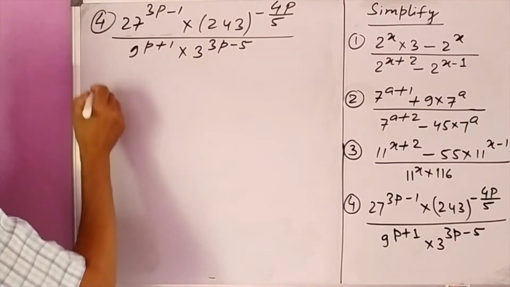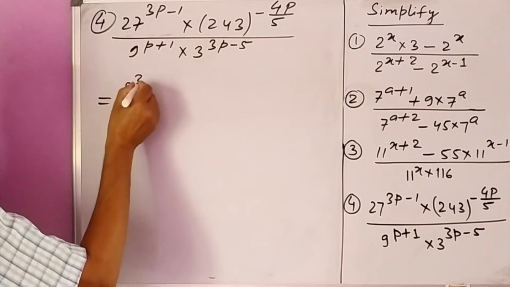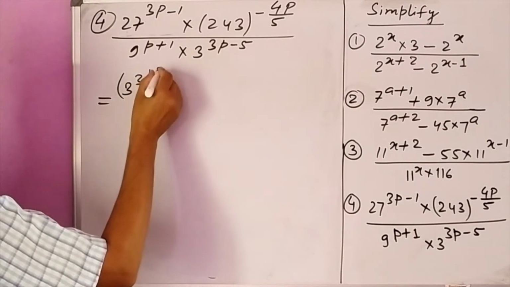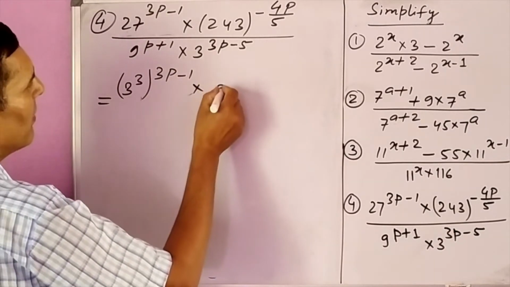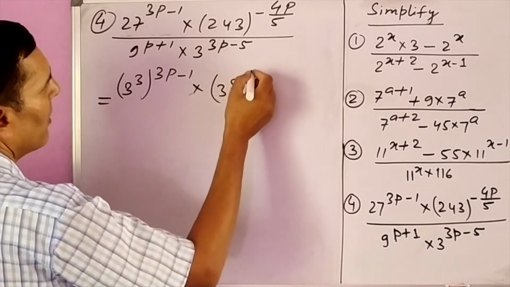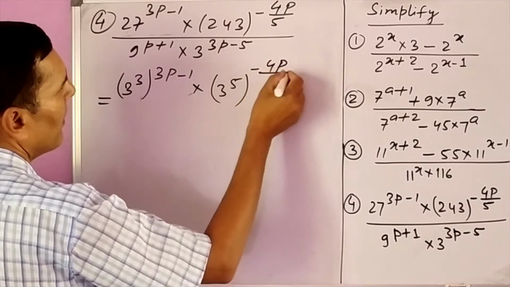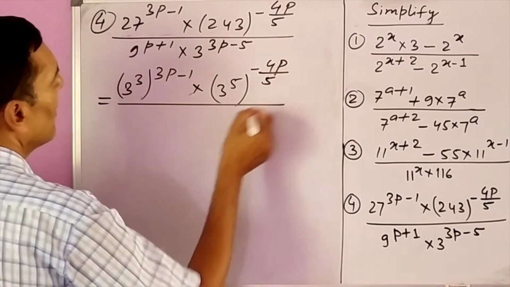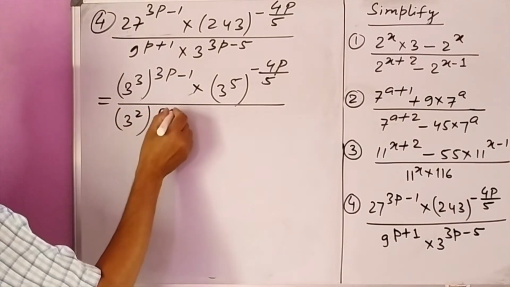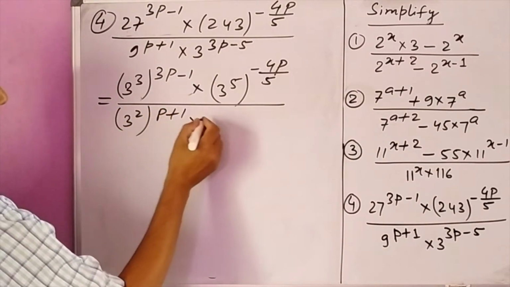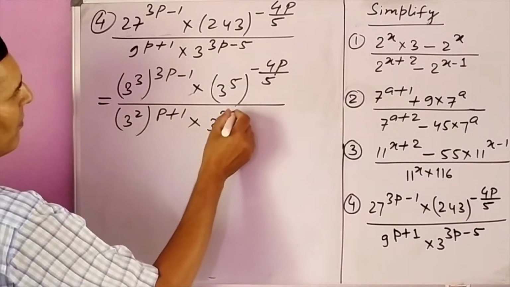So this 27, 3 cube to the power 3p minus 1 as it is. It is 3 to the power 5 whole to the power minus 4p upon 5. Denominator: 3 square whole to the power p plus 1 into 3 to the power 3p minus 5.